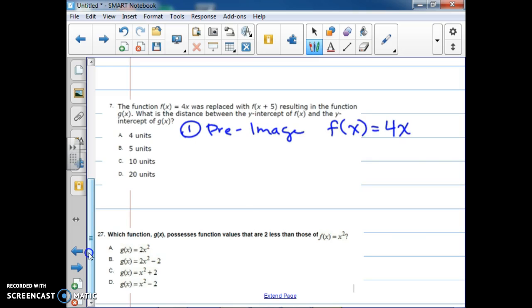Now you want to identify the transformation. The transformation is f of x plus 5, and that's going to result in g of x. Now you want to plug the transformation into the pre-image.